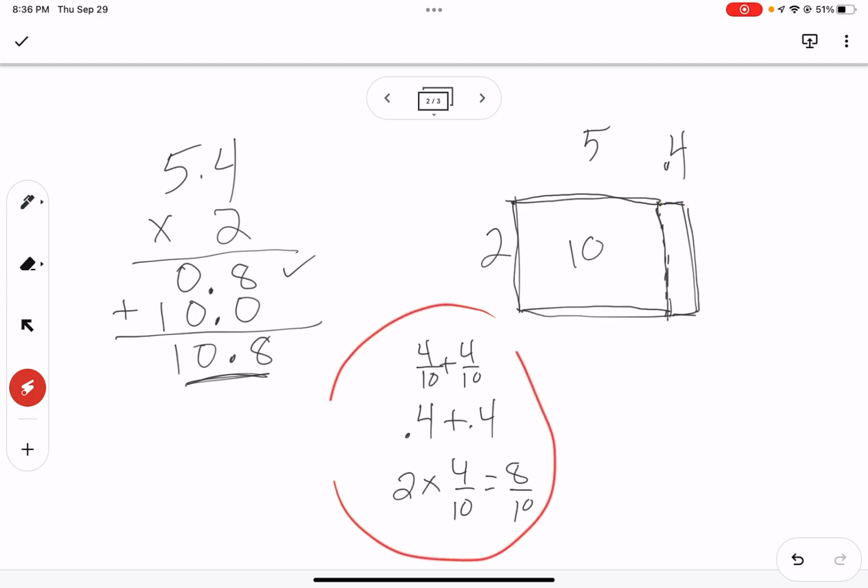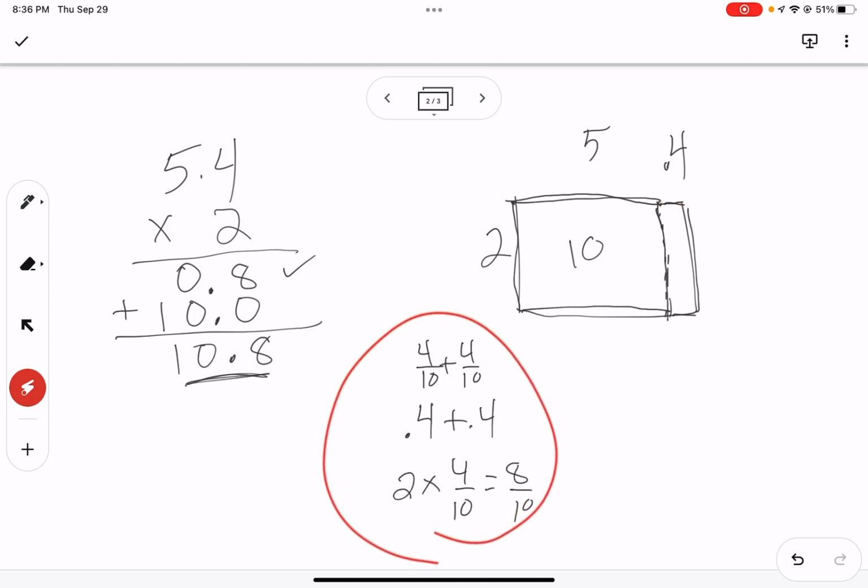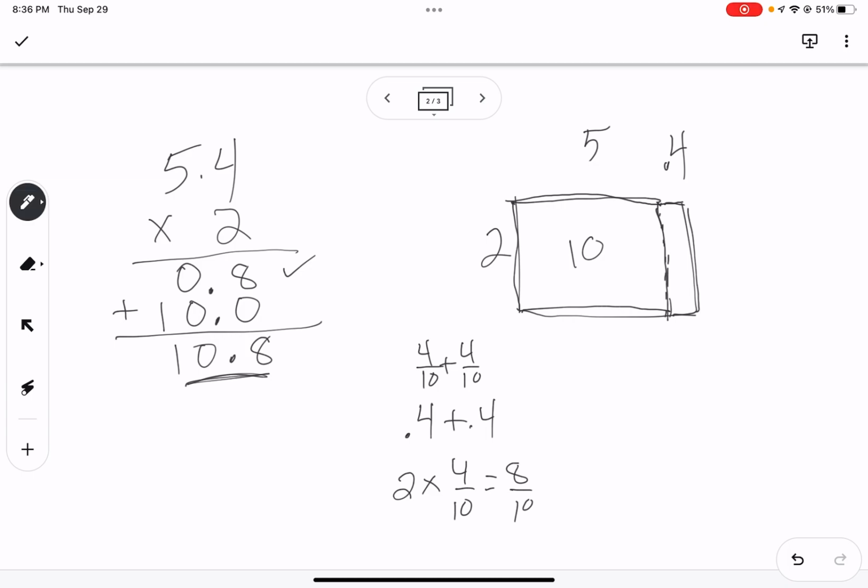I'm just going to point you over here to when we did the 2 times 4/10, so we know that this is 8/10. Well, guess what we're going to do? That's right, we're going to add them up, because we want the total area or the final product. And if I take 10 wholes and add it to 8/10, then yes, I'm still going to get 10.8.